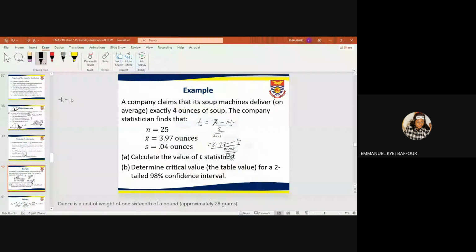That would be negative 0.03, divided by 0.04 on square root of 24.